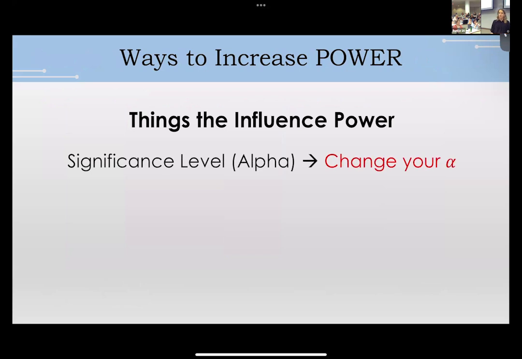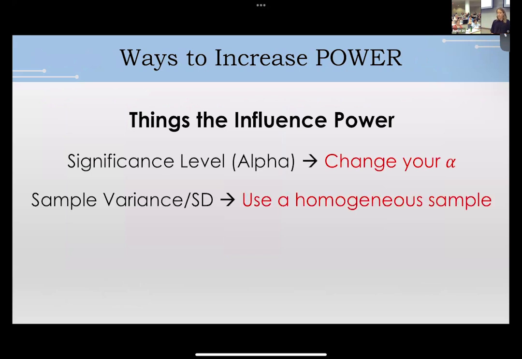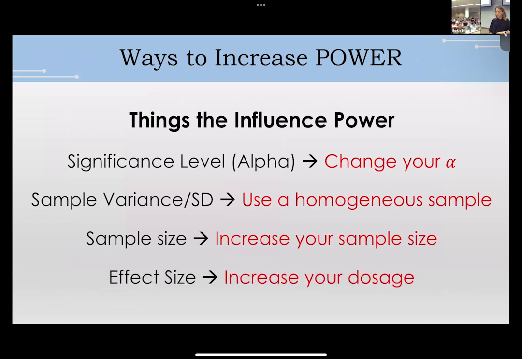So how do we increase power? Well, you can change your alpha level. You can use a homogeneous sample. More importantly, you can decrease the spread of your sample. You can up your sample size, or you can increase your dosage, as in you're not increasing your effect in the population, you're increasing the effect size that you're able to get in your sample by increasing the dosage, right? You're not changing whether or not Advil works. You're giving them some more, right?